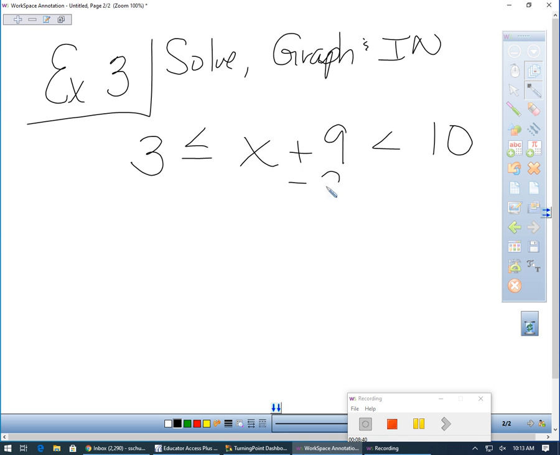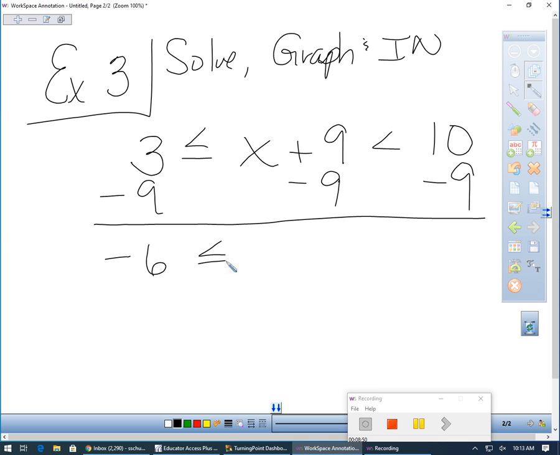Yes, I've got to subtract 9 from everywhere. So 3 minus 9 is negative 6, less than or equal to x, less than 1.